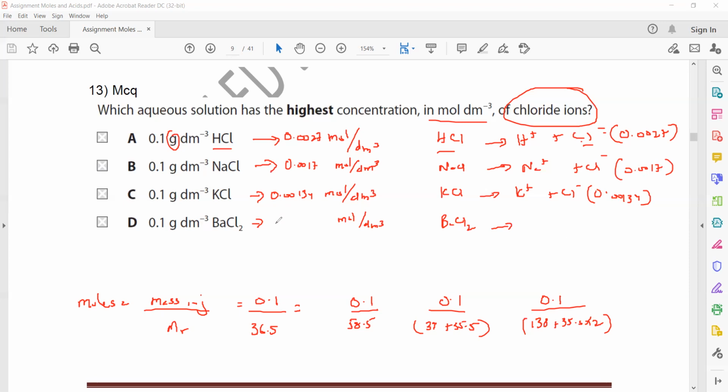So it will be a very small concentration, 0.000478.